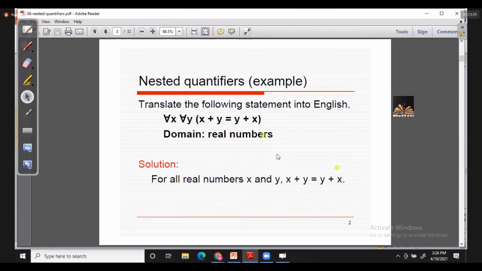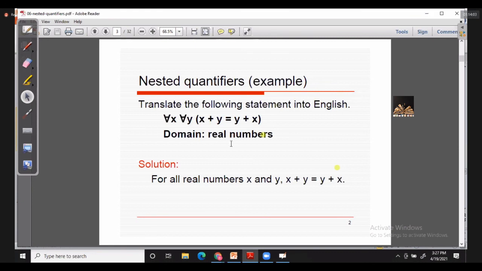Okay, see the example. Translate the following statement into English. For all x, for all y, x plus y is equal to y plus x. Two quantifiers, all x and all y. The domain is real numbers.